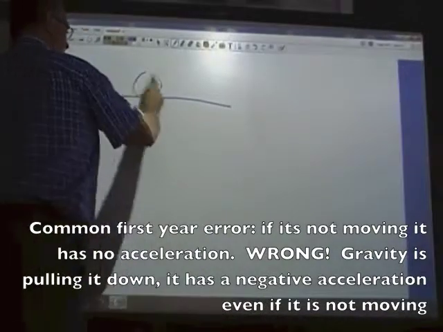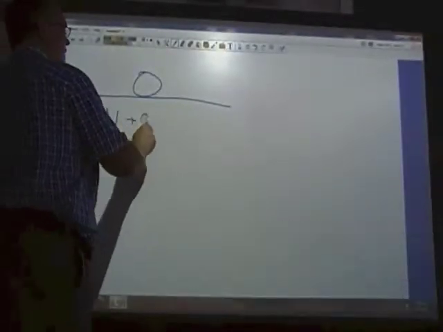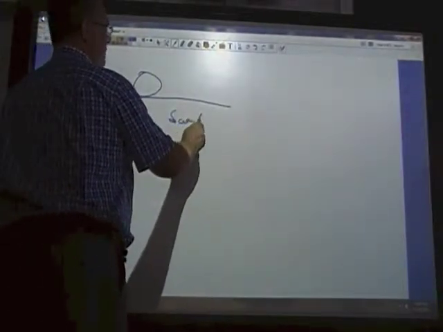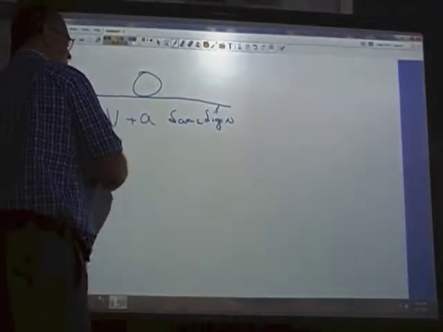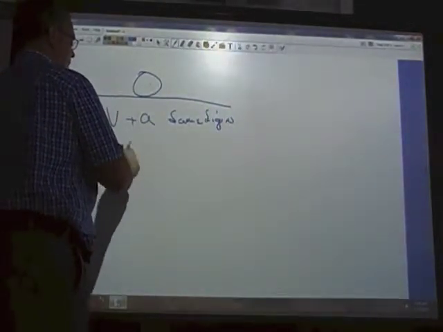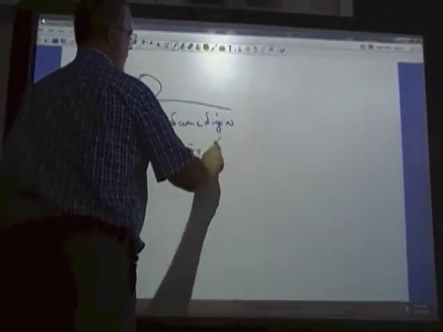acceleration and velocity. How do you speed something up? When the velocity and the acceleration have the same sign, it speeds up. When they have opposite signs, it slows down.